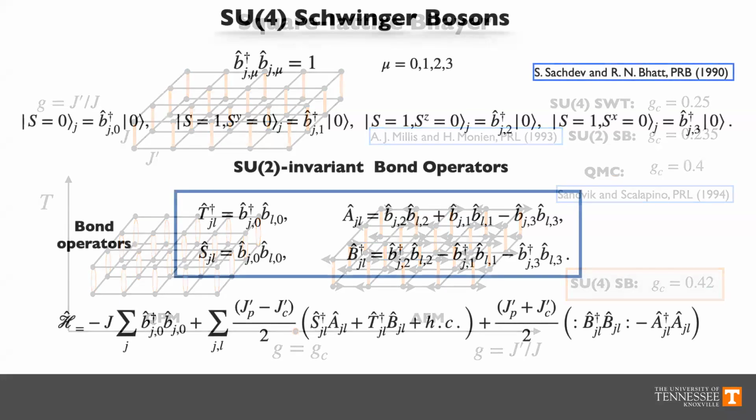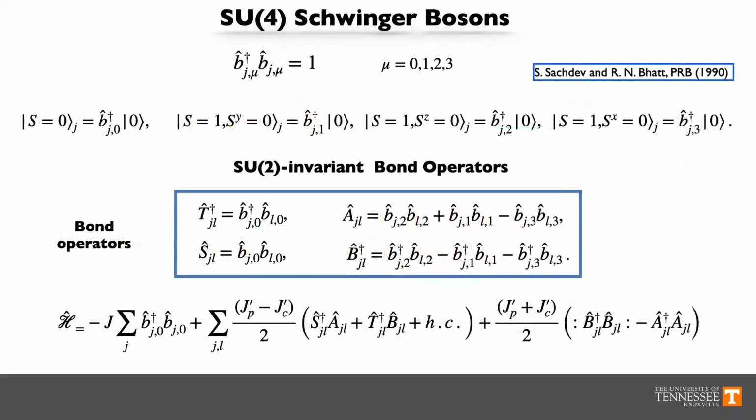Moreover, you generalize the story that I just told you, and you introduce bond operators in terms of these SU(4) Schwinger bosons. Now you have 4 bond operators. The important thing here is that we have 4 bosons because our dimer contains 4 levels, the singlet and the 3 triplets. So we need 4 bosons. These are the so-called bond operators introduced by Bhatt and Sachdev.